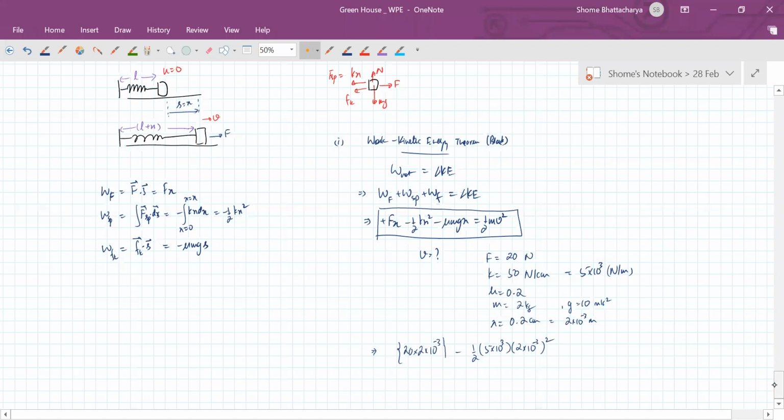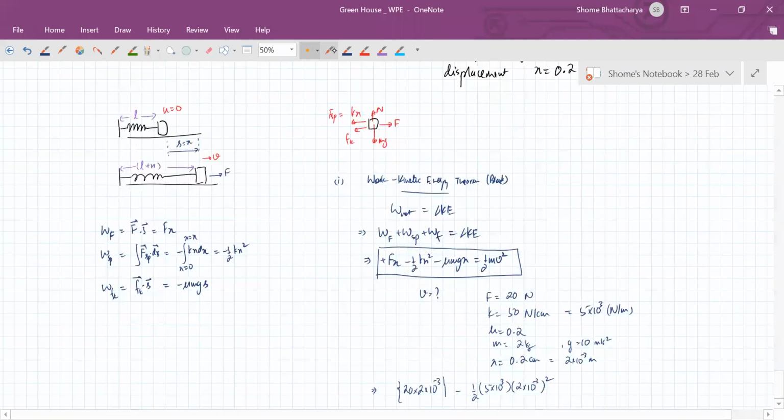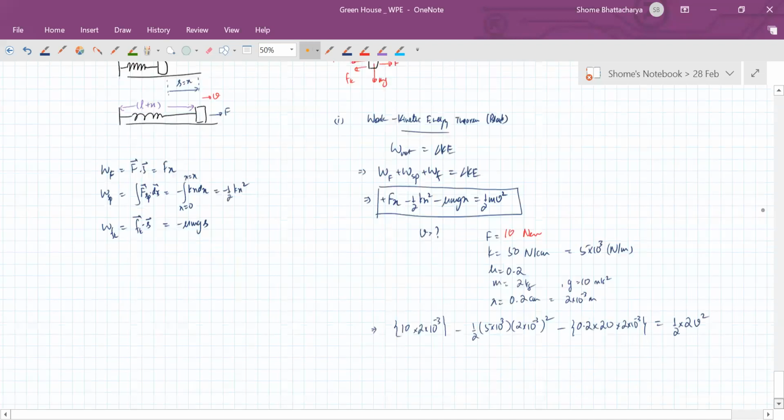Yeah, force is 20 newtons. Actually, it's not 20, it's 10 newtons. Yeah, correct, I'll make the correction. So the force correctly should be 10 newtons, minus half kx square minus mu mgx. This should be half mv square. So this is a relation.